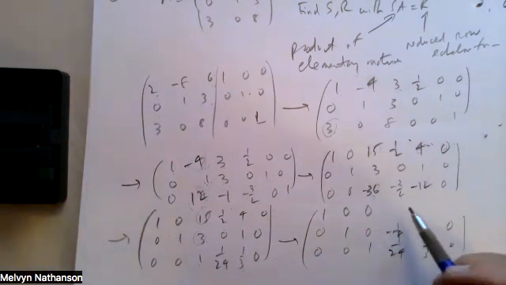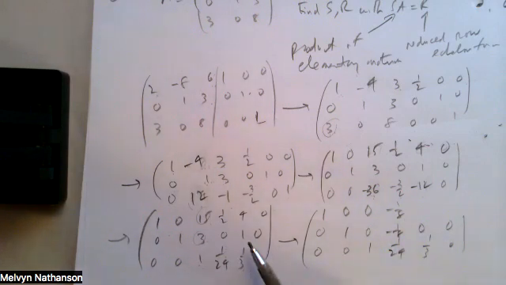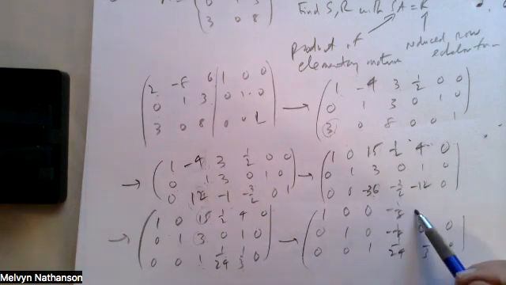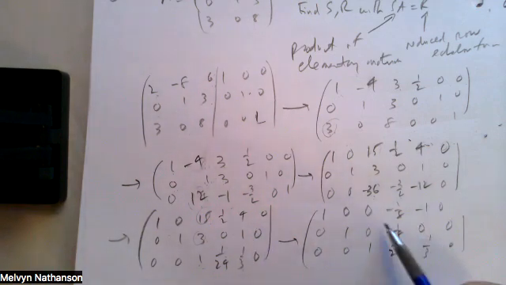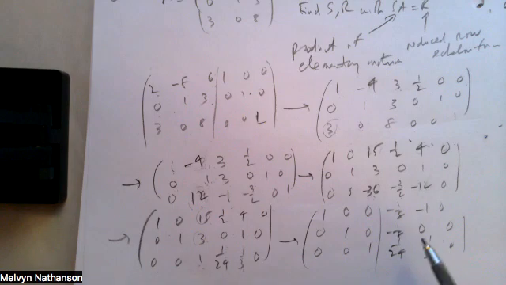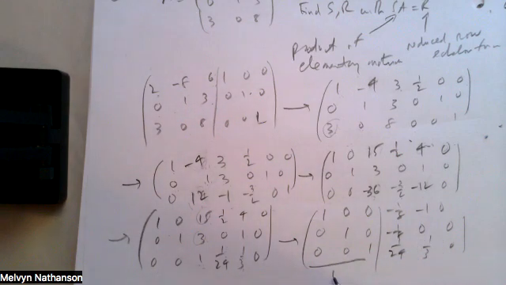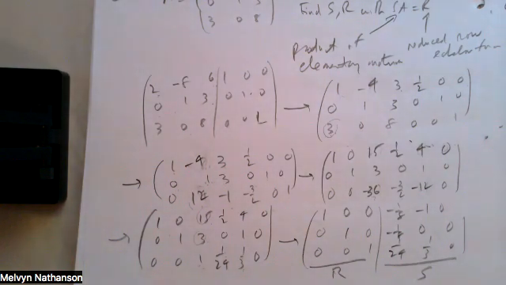A half minus 5/8 is minus an eighth. 4 minus 15 over 3 is 4 minus 5 is minus 1 and 0. So this is my R, and this is my S.